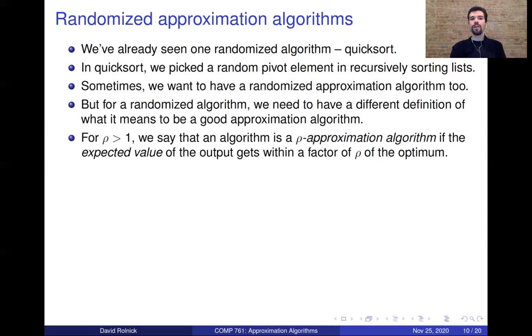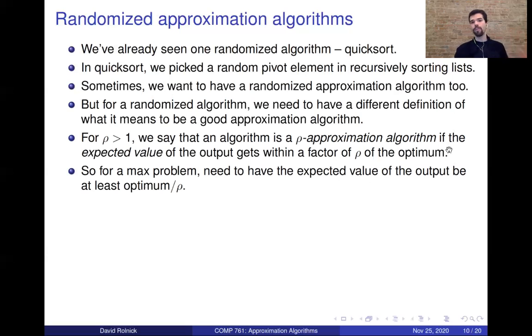Now we can say that we have to have the expected value of the output within a factor of rho. So each particular time we run it, it might or might not be within a factor of rho, but the expected value is going to be within a factor of rho.